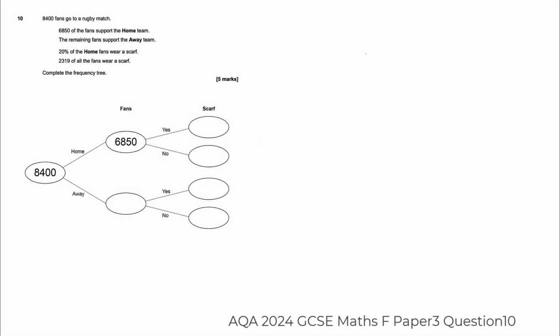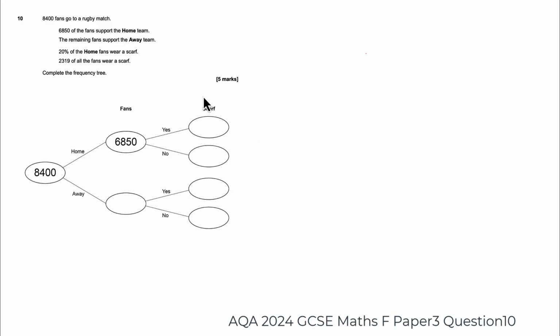Well, here's question 10, and we're told that 8,400 fans go to a rugby match, and there's various pieces of information about them, and we're given an incomplete frequency tree. We're asked to complete this frequency tree.